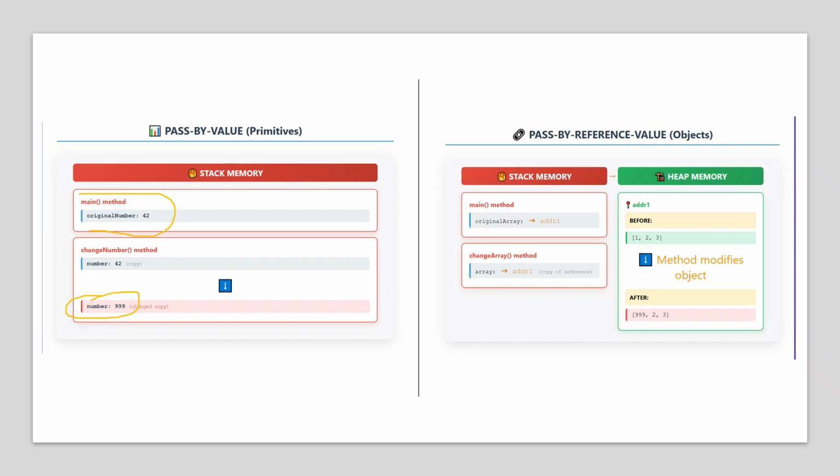So we pass it there, it just changes the 42 to 999. It doesn't affect the object in the memory. It only affects the value and changes the value to 999.